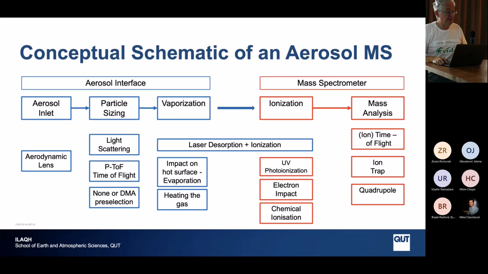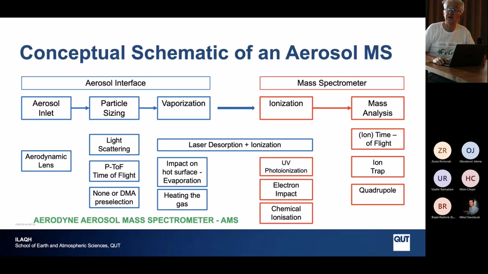The instrument that I'll be presenting today is the aerosol mass spectrometer as produced by Aerodyne. It uses an aerodynamic lens and time of flight particle sizing, impacts the particles on a hot surface with electron impact ionization, and the one instrument we have uses ion time of flight.